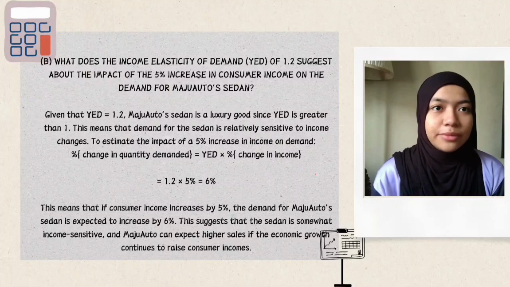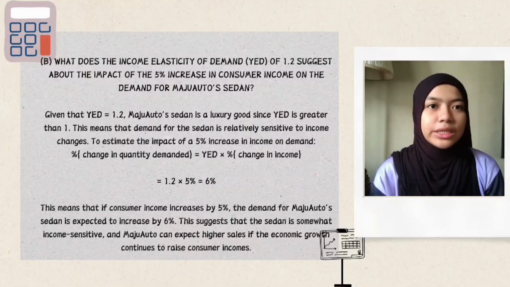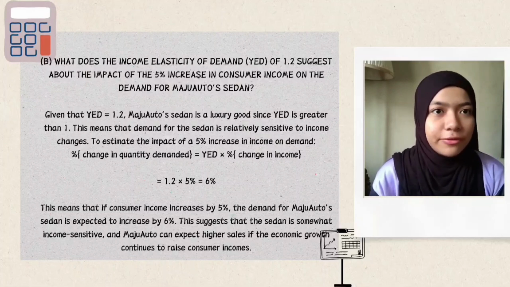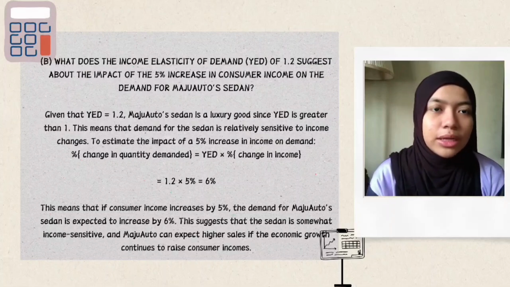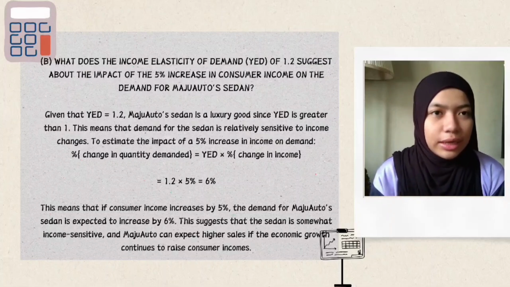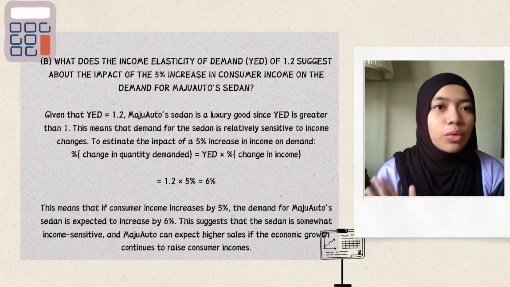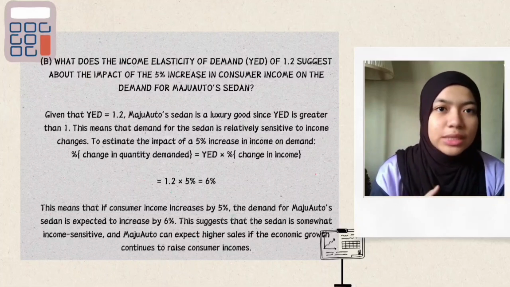To estimate the impact of a 5% increase in income on demand, we use the formula: percent change in quantity demanded equals YED times the percent change in income, so 1.2 times 5% equals 6%.